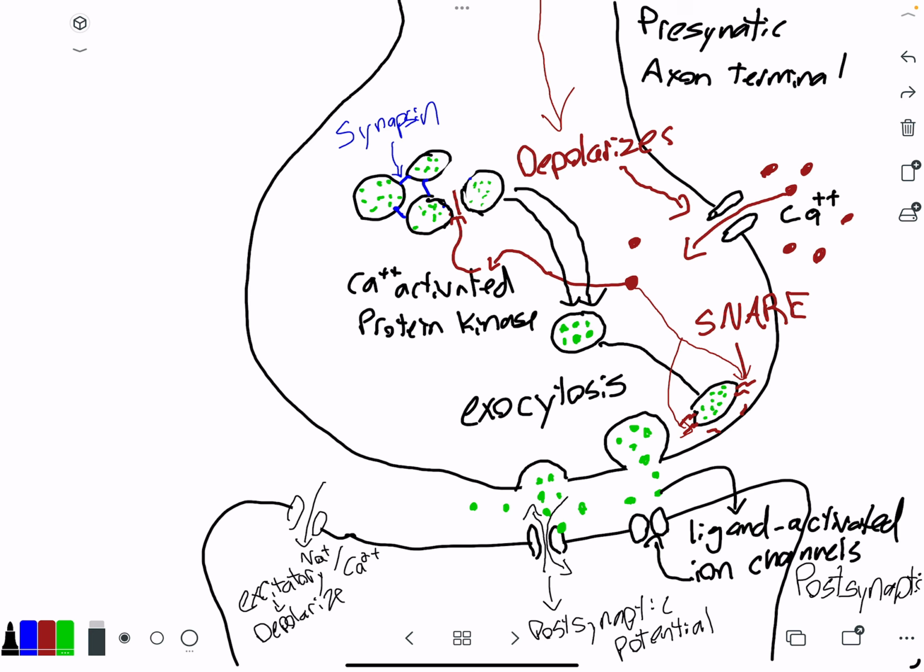Now we also have the option that it might be inhibitory. All right, and so what does that mean? If the postsynaptic cell's potential becomes inhibitory, that means it must be hyperpolarized.